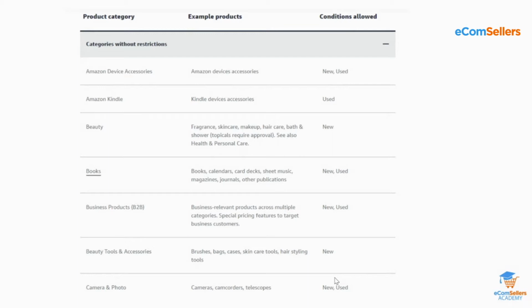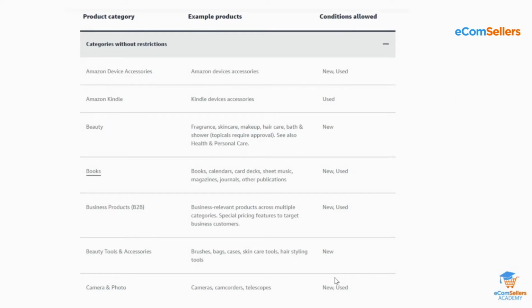There's going to be a session where we talk about how to request approval on Amazon. But again, it's not the category, it's the secondary category or the brand of Maybelline, for which you may be required to request approval.